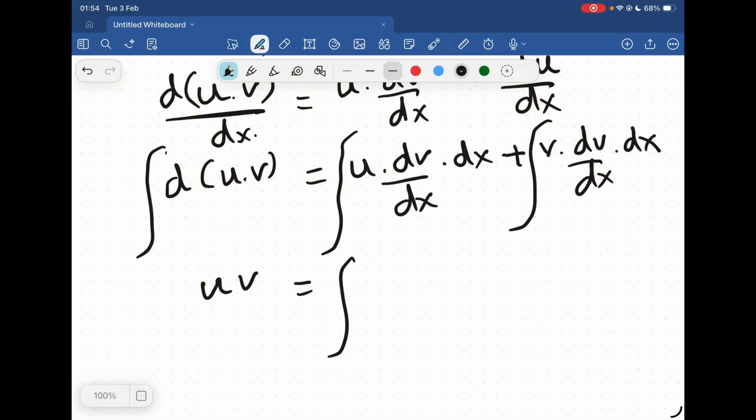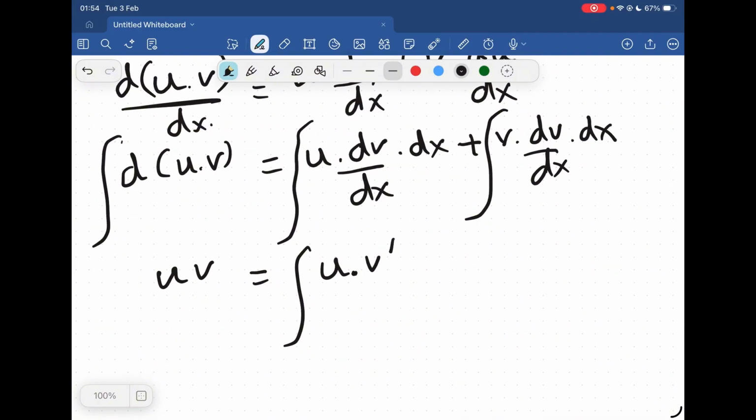Then I can write u dv over dx. To make it easier, I'm just writing dv over dx as v prime. It's an integral part. And this one I'm writing as v into u prime.